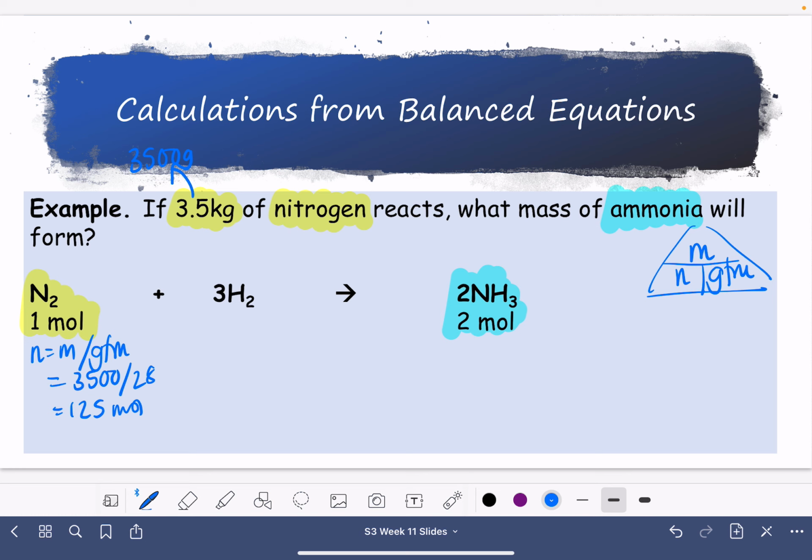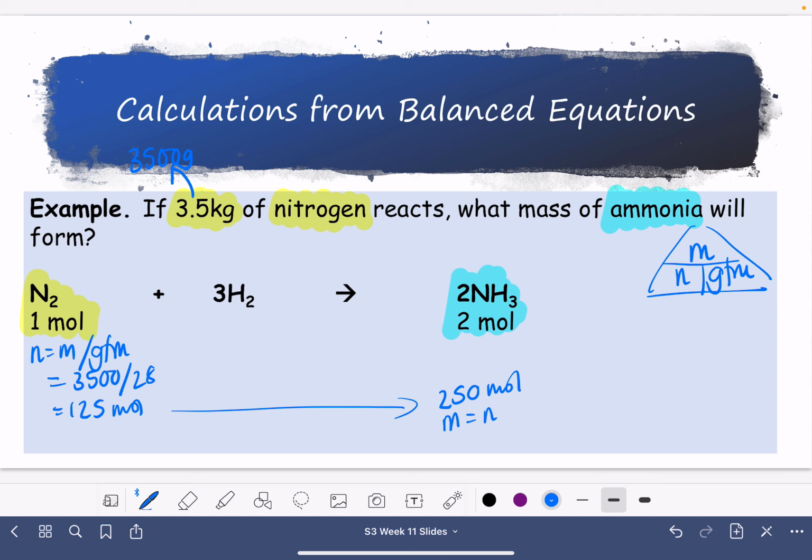Okay, let's go back to our mole ratio then. If 1 mole gives 2 moles, then 125 moles would give 2 times 125, which is 250 moles. What is the mass of those 250 moles?